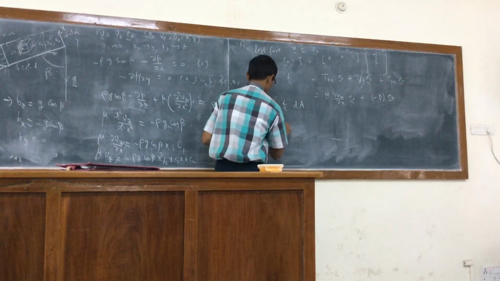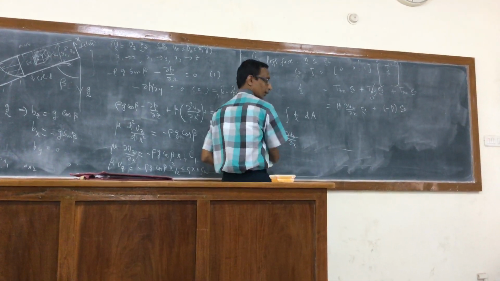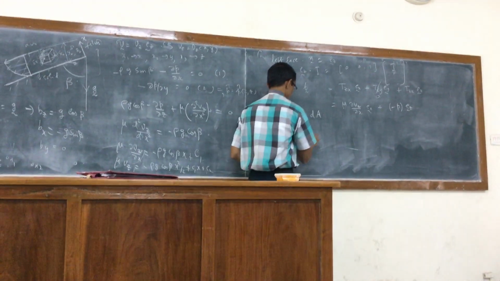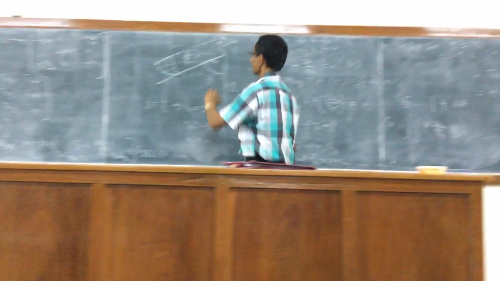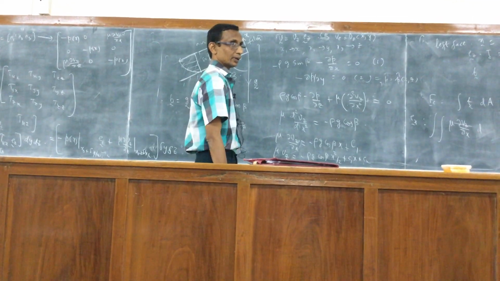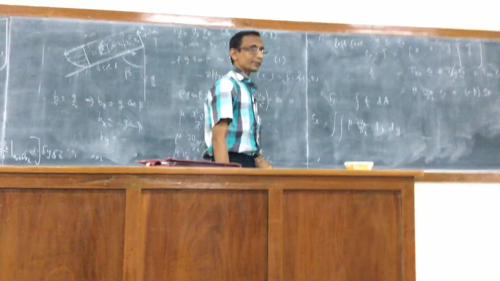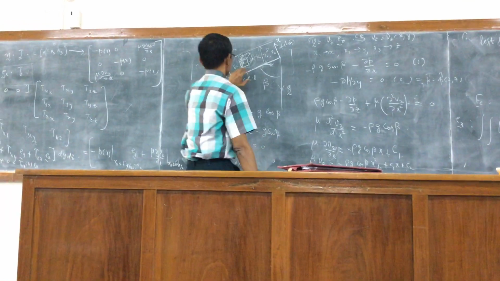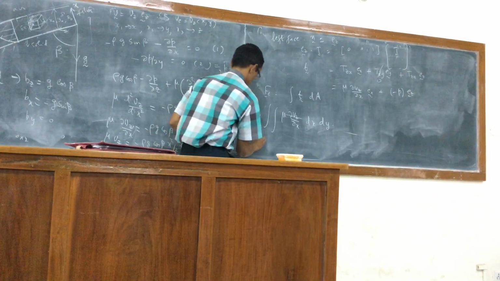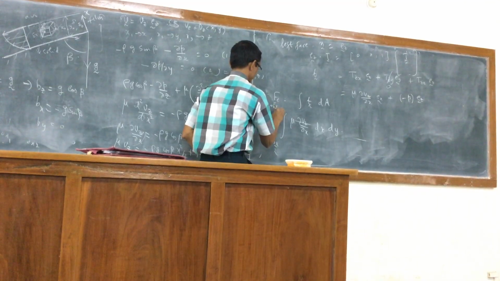So mu dv, and x varies from x0 minus delta x by 2 to x0 plus delta x by 2.